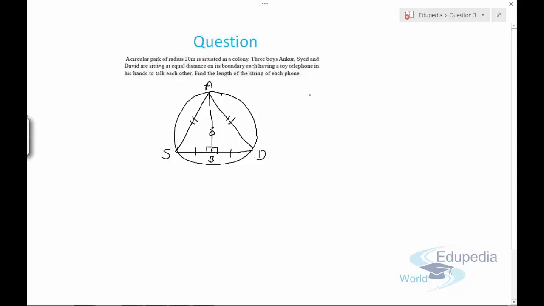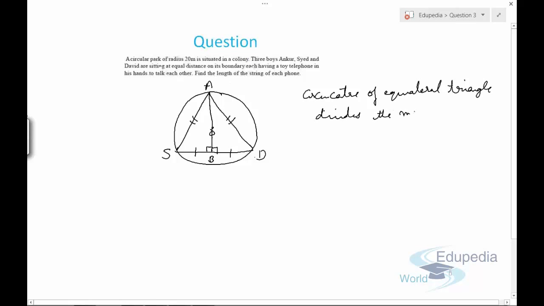So we can say that the circumcenter of an equilateral triangle divides the median in the ratio 2:1, right?